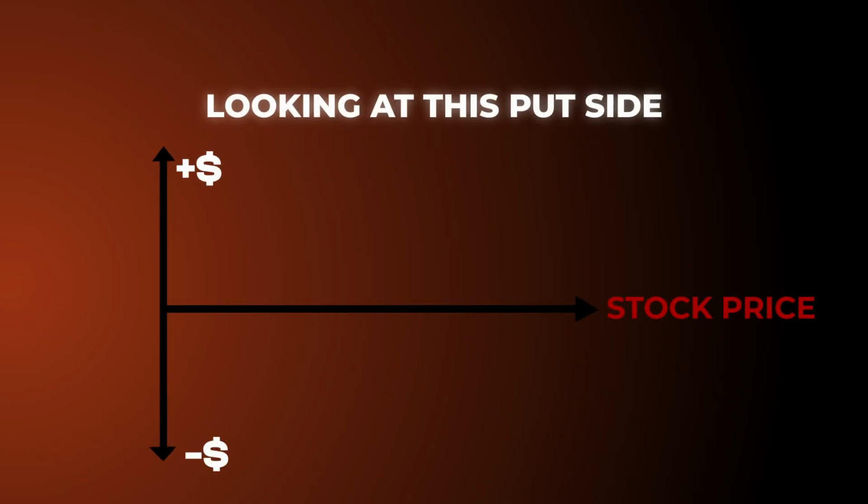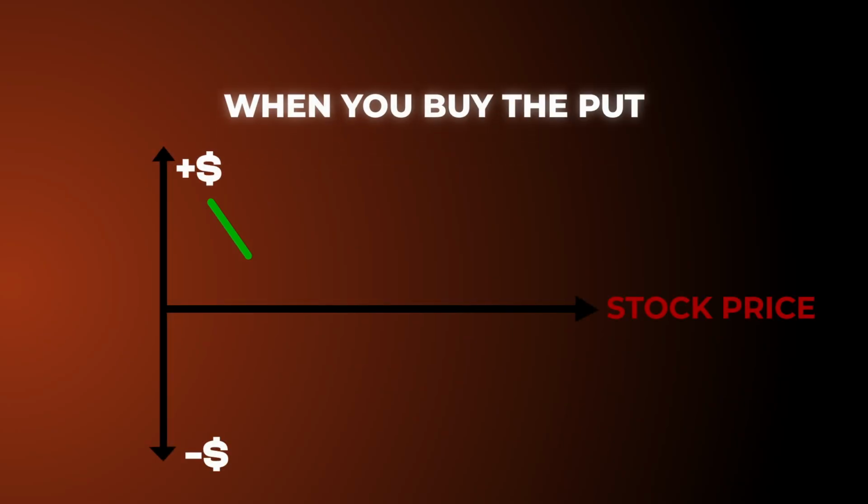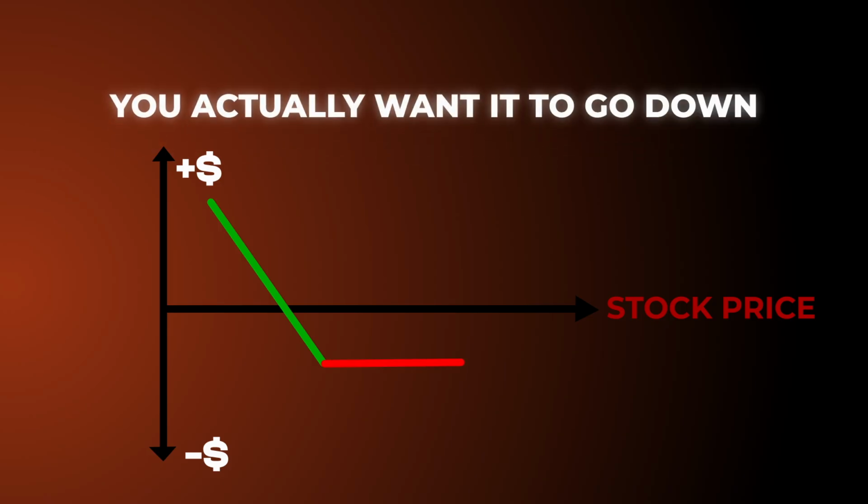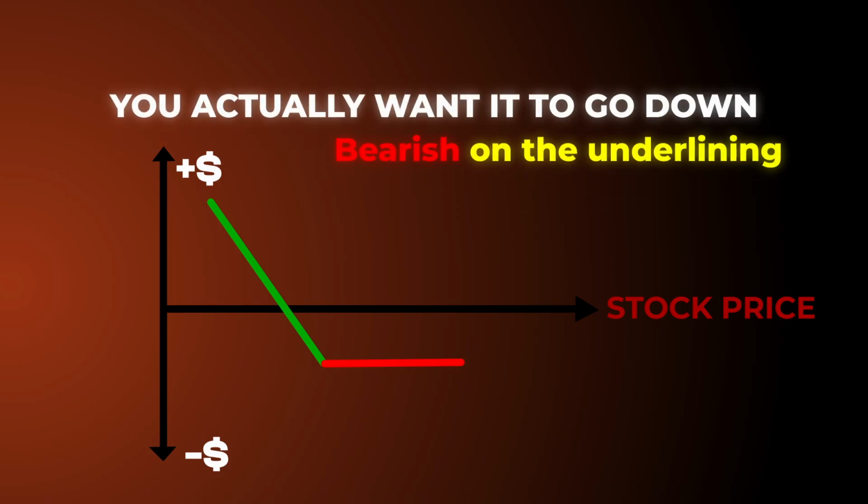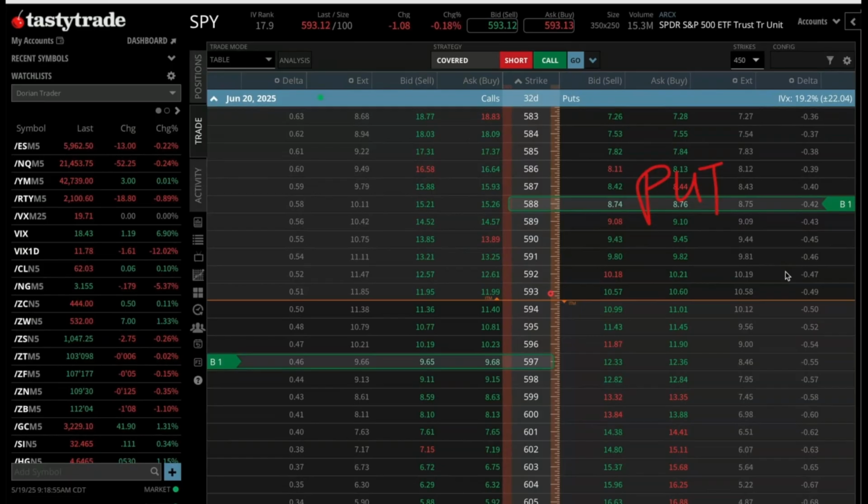Exit the trade. All right, so looking at this put side, when you buy the put, you actually want it to go down. You are bearish on the underlying. And so this is where options become confusing for most right away, because it's counterintuitive to what we are accustomed to when we are the buyer of something.